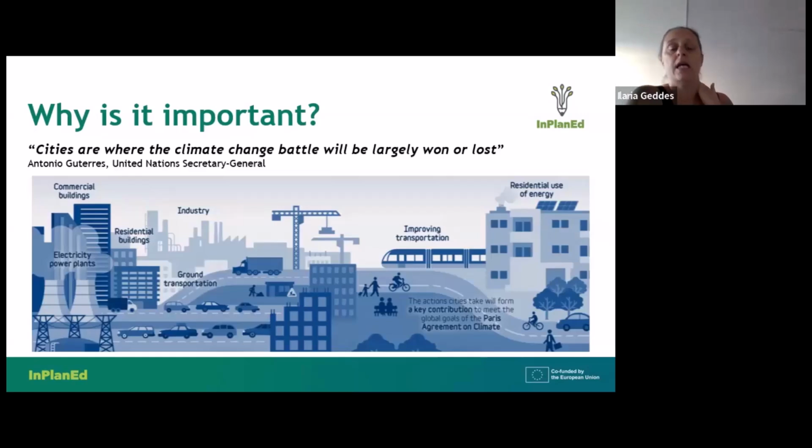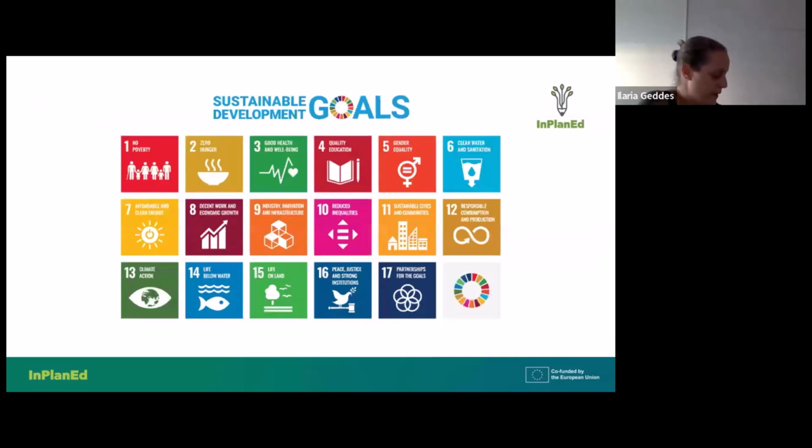And we need to address their complexity in order to address mostly their emissions, make them climate resilient, address their social infrastructure, and have sustainable communities, not just a sustainable environment. So it is still all about sustainability, which is what this course is about.